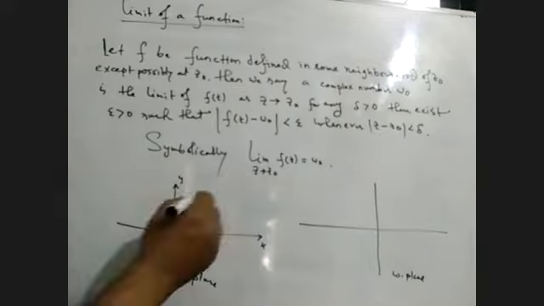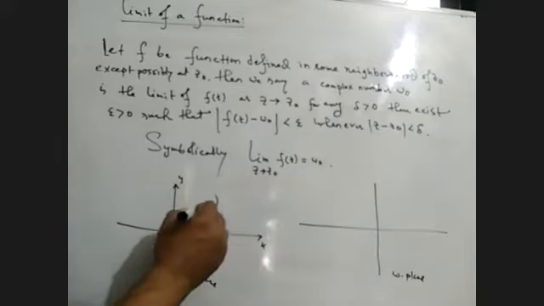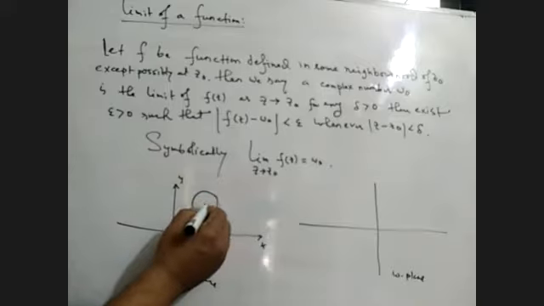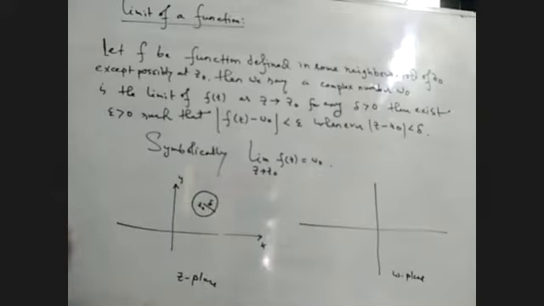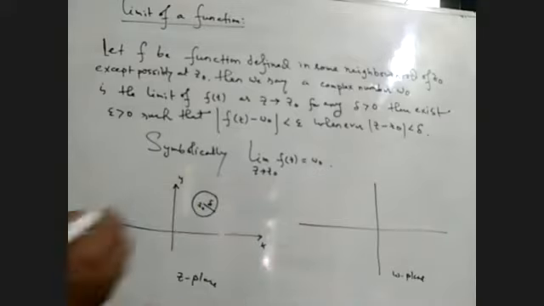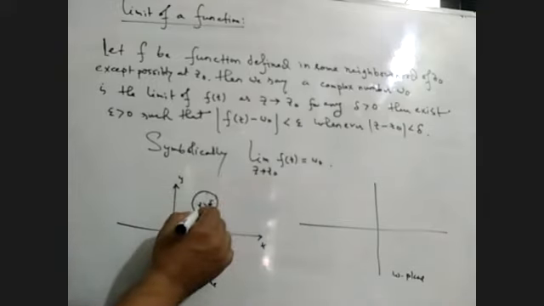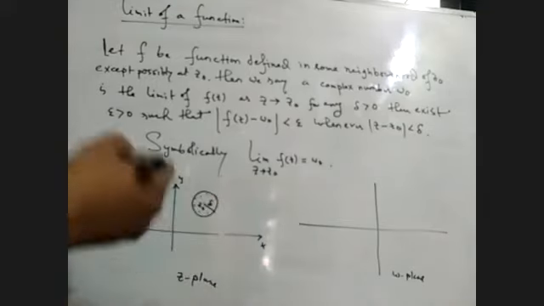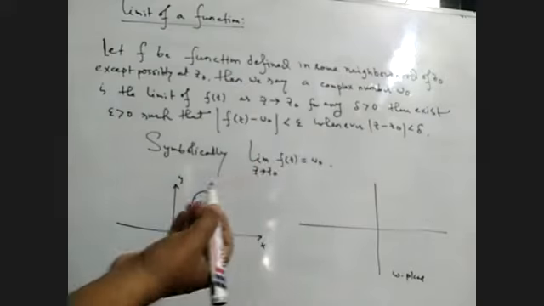Remember it. If we draw any neighborhood with center z naught, the radius will be del. There are many points, z1, z2, z3, and so on.